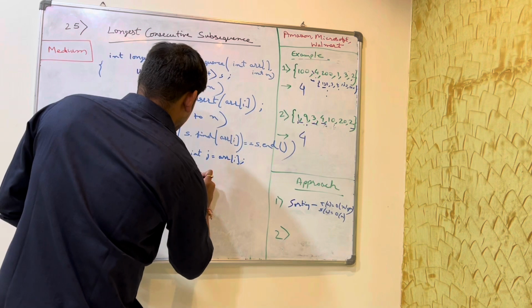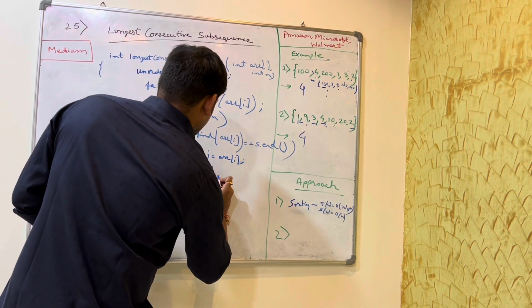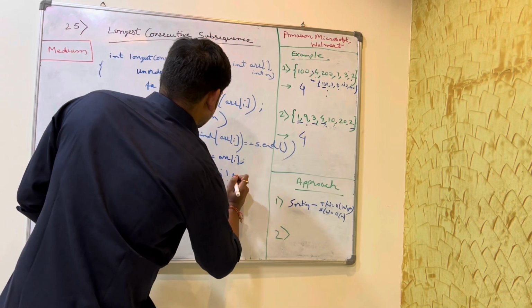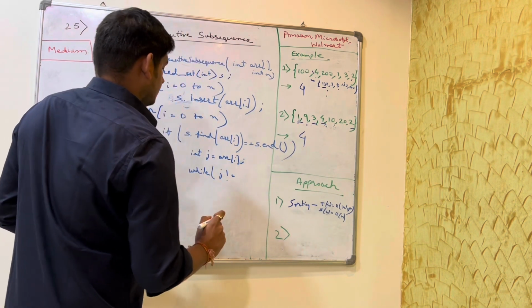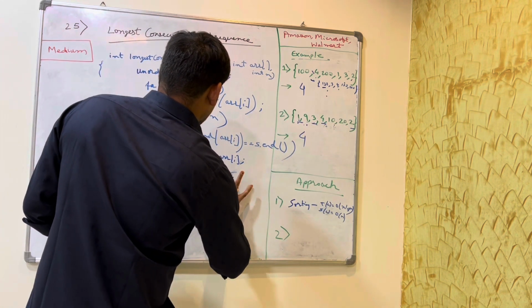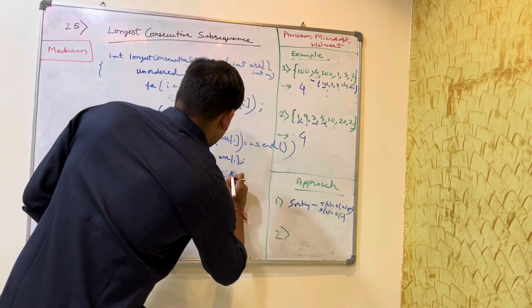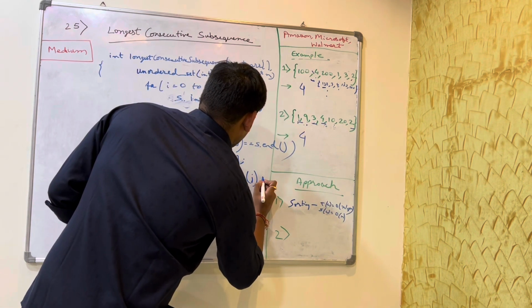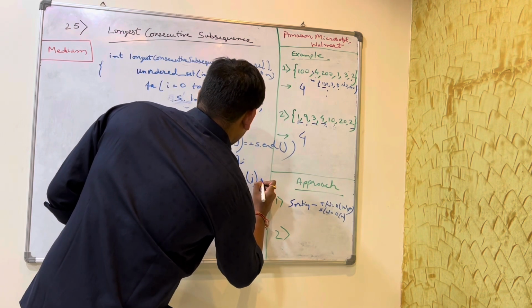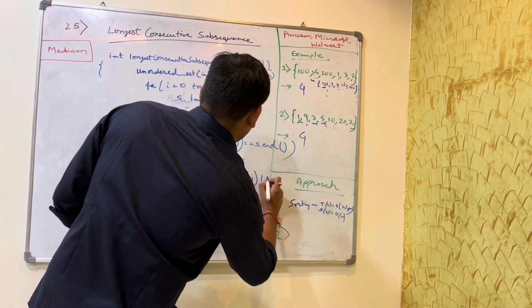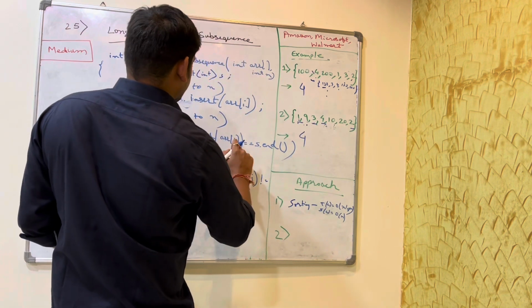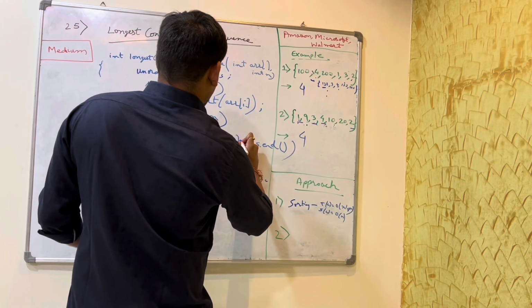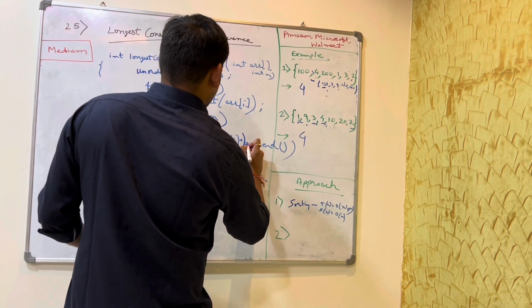Then we check while s.find of j is not equal to s.end.